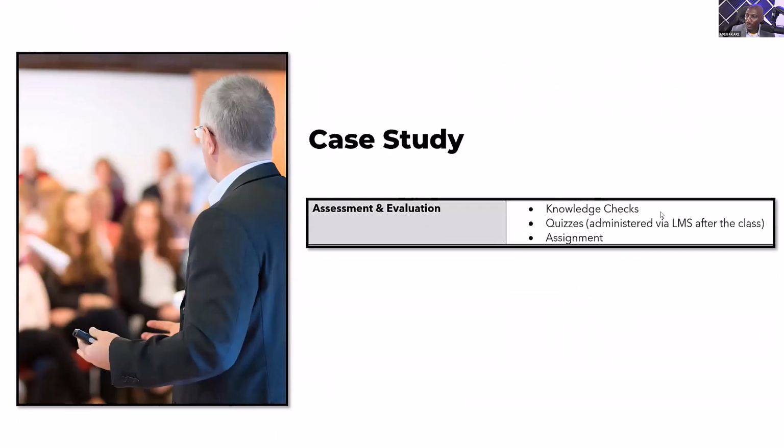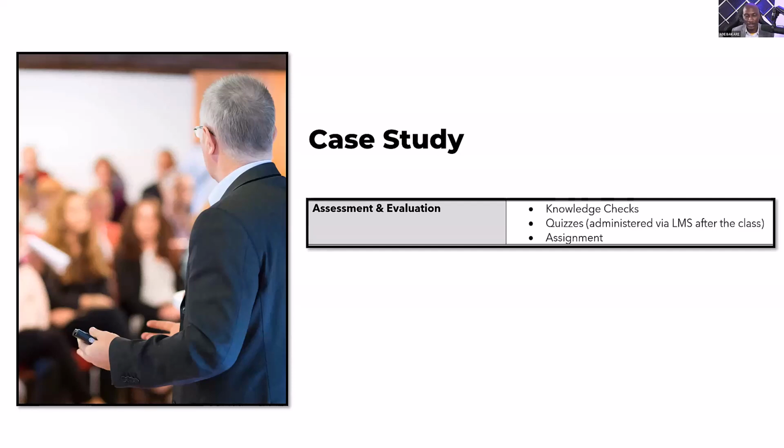Okay. So going back to our case study with company ABC, let's say we decided our assessment and evaluation would be knowledge checks throughout as we progress in the class, in the live in-person training. But at the end of the training, we might administer a quiz via our learning management system.